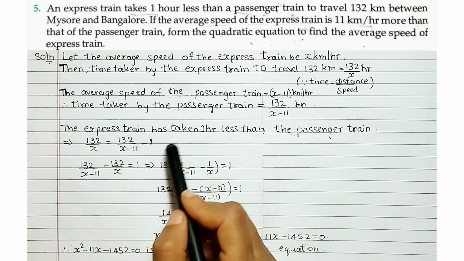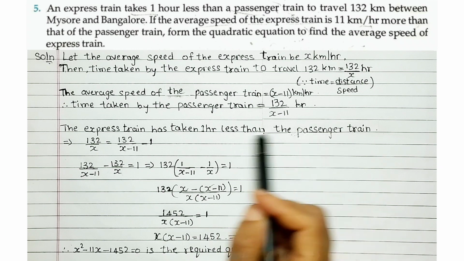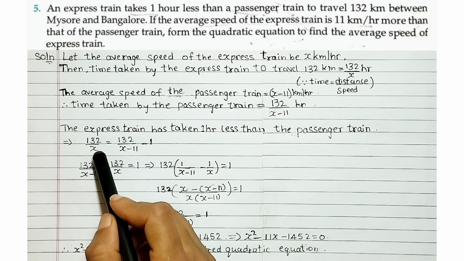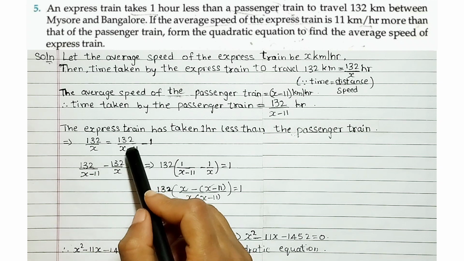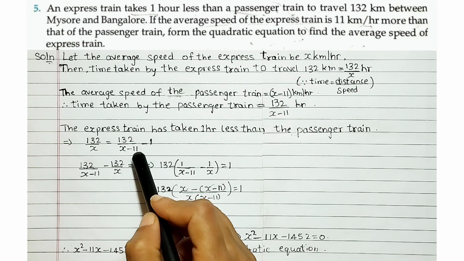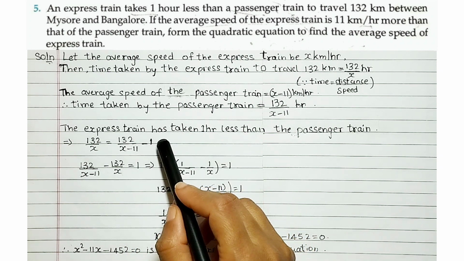Then the express train has taken 1 hour less than the passenger train. That is, time taken by the express train, that is 132 by x, is equal to time taken by the passenger train, 132 by x minus 11, minus 1. 1 hour less than means minus 1.